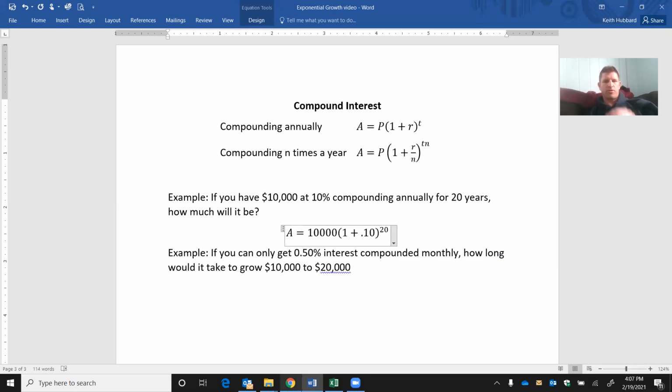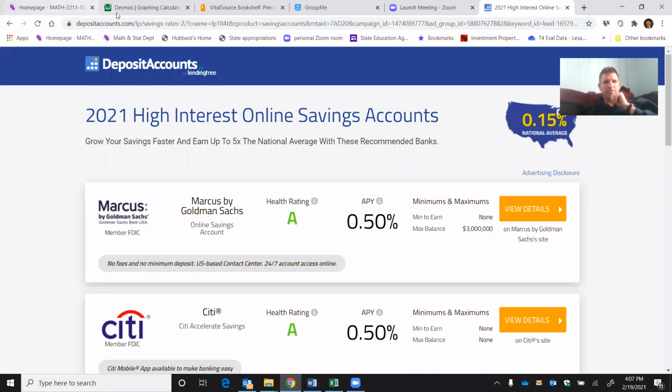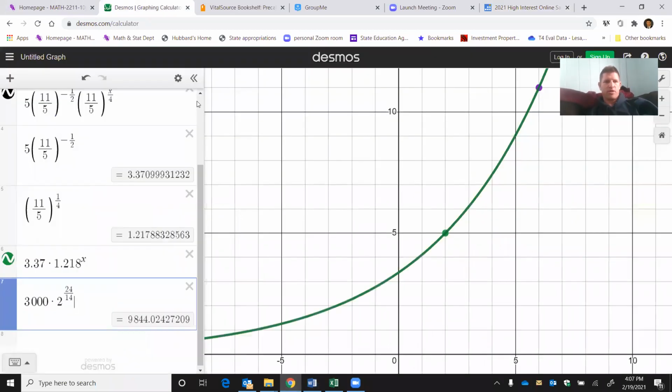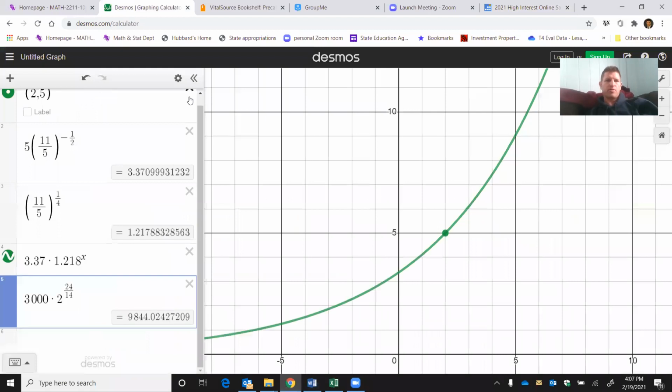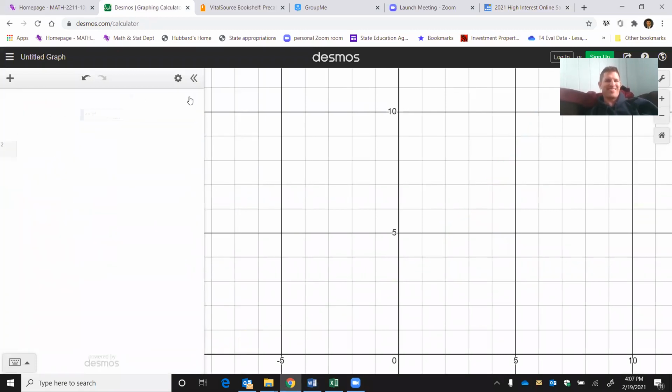So let's go over to something like Desmos. I'll tell you what that is in a moment. I'm doing a few calculations in Desmos today, I guess. 10,000 times 1 plus 0.1, all raised to the 20.